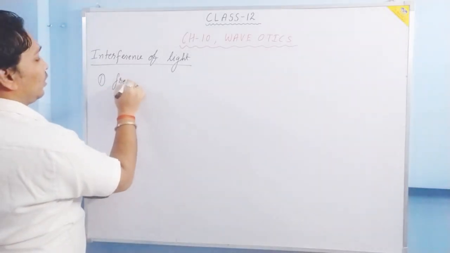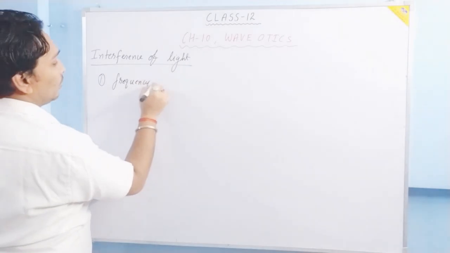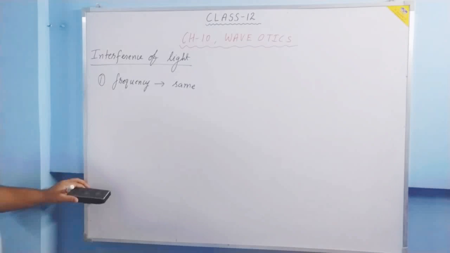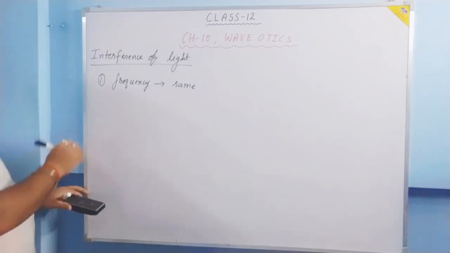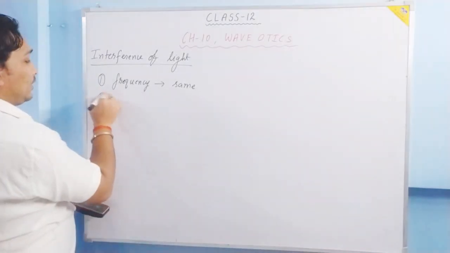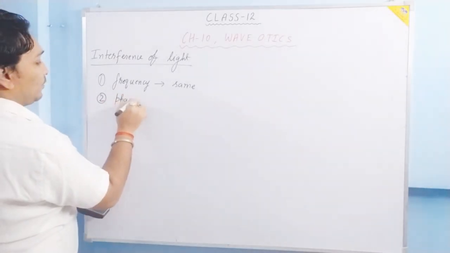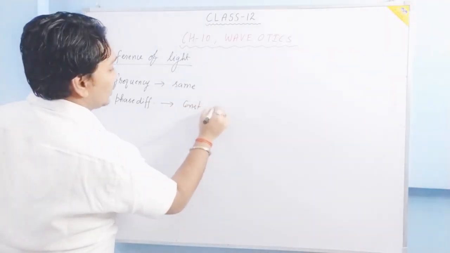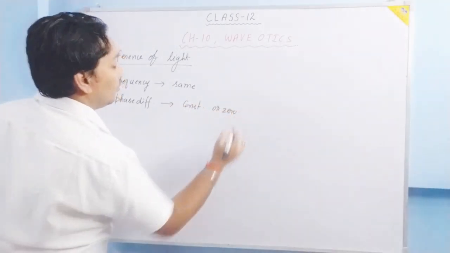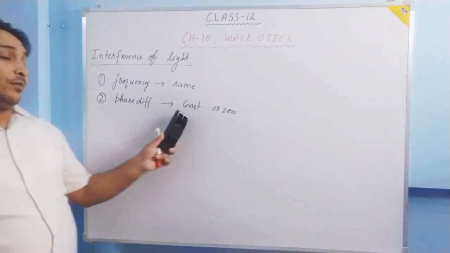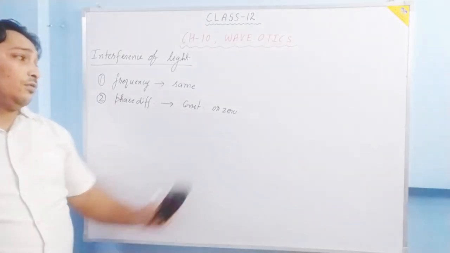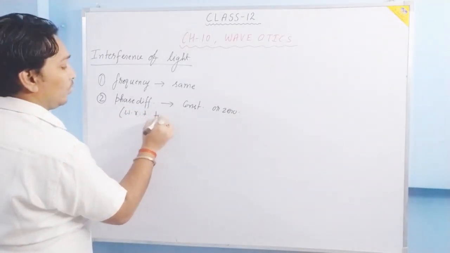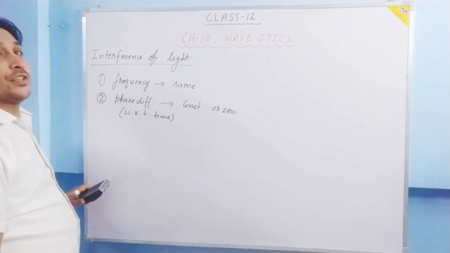First of all, the frequency should be same of the two waves which are superposing each other. Second, the phase difference should remain constant or zero, and it is with respect to time, not distance.